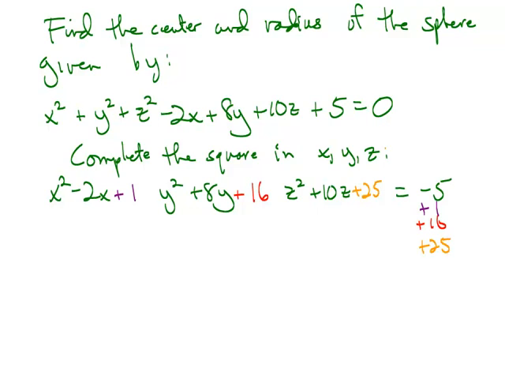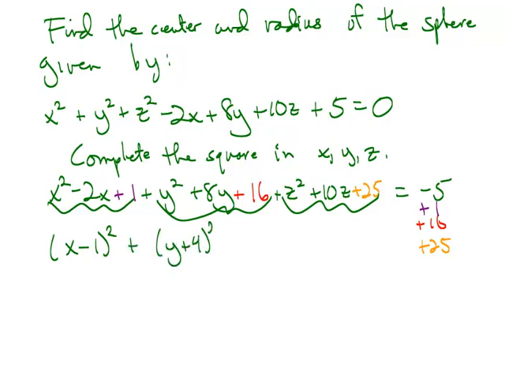Now, completing the square the way we've done it should allow us to factor. Not only will this equation factor on the left side, but these three trinomials should factor into two of the same thing, and that's going to be the case. This factors into x minus 1 quantity squared. This factors into y plus 4 quantity squared. And the last trinomial on the left side factors into z plus 5 quantity squared.